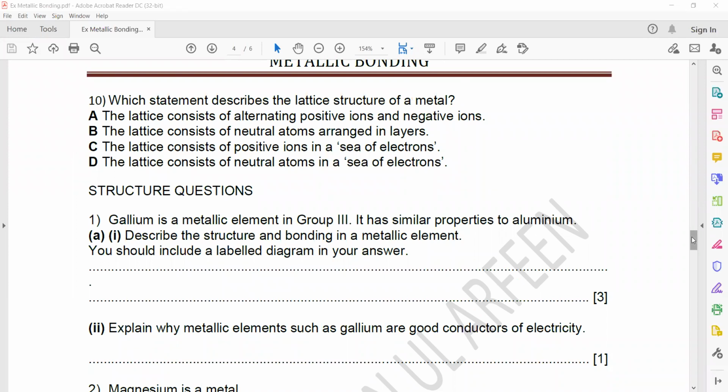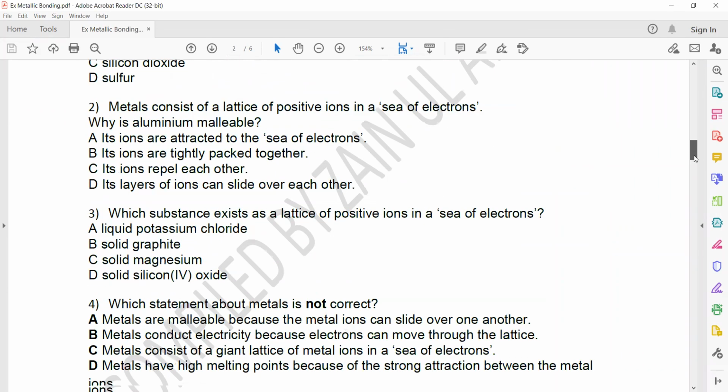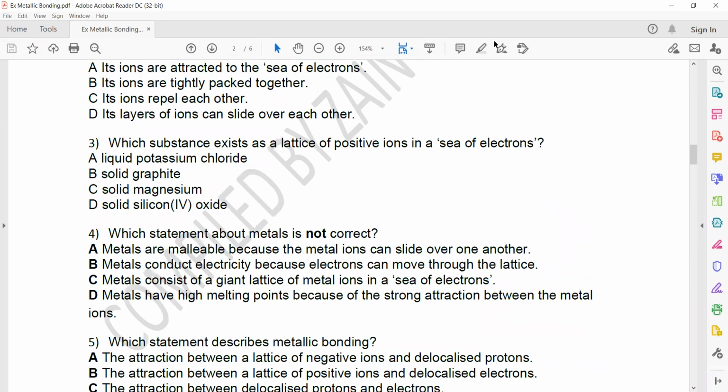Question 3. The question is, which substance exists as a lattice of positive ions and a sea of electrons? So basically they're asking about the metal. Which substance is a metal? Potassium chloride is not a metal, it is an ionic compound, because it is a combination of metal and non-metal.